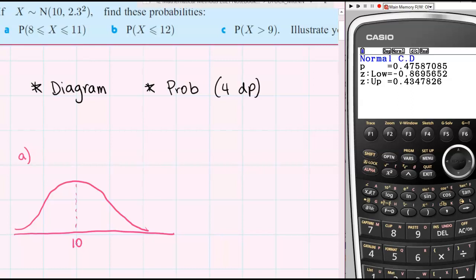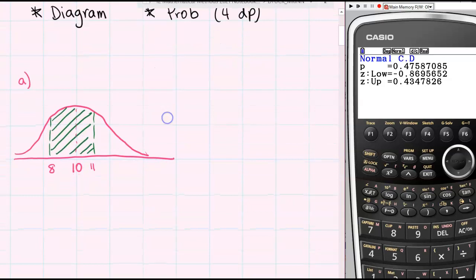Now, 8, is that to the left of the mean or the right? There it is. 11 is closer, it's there. And you need to communicate to the marker that this is what you are calculating: the probability, which is the area under the probability density function, between 8 and 11.